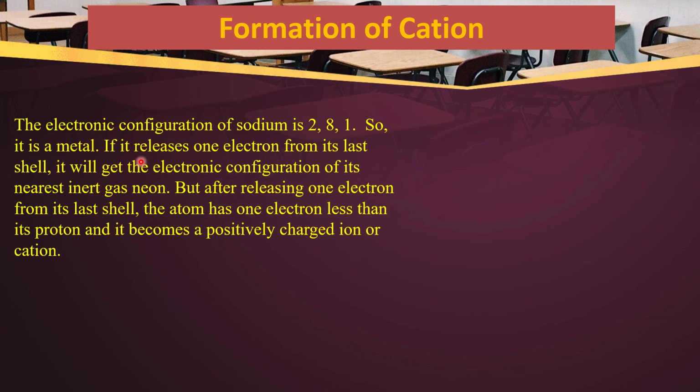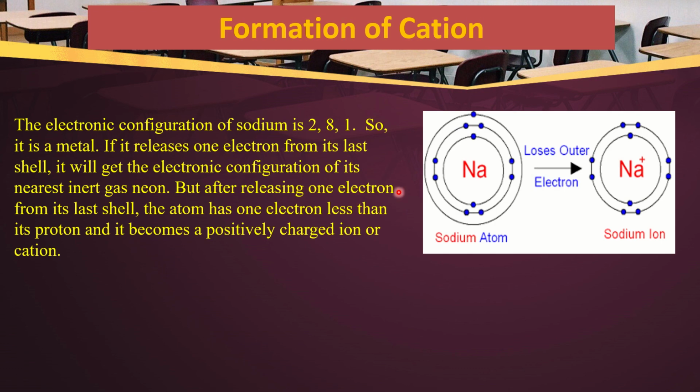So it is a metal, and after releasing 1 electron, it will get the electronic configuration of its nearest inert gas, neon. But after releasing 1 electron, the atom has 1 electron less than its proton, and it becomes a positively charged ion or cation. Look, this is sodium.